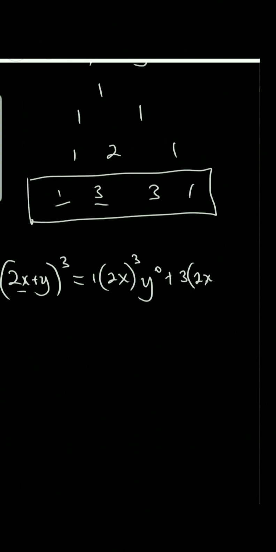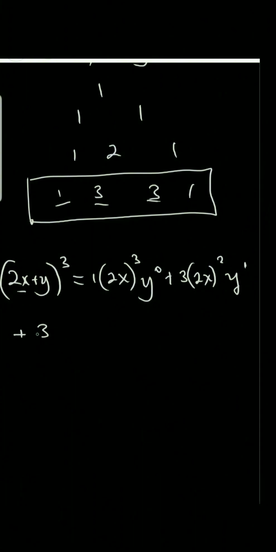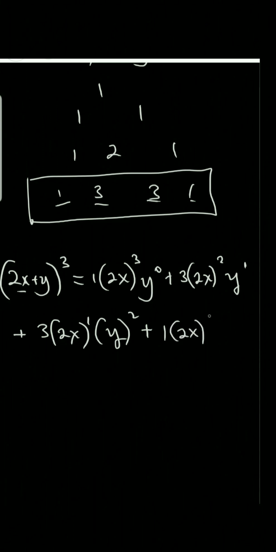Then come to 3, multiply with 2x to the power 2, it is reducing by 1, then y will be to the power 1. Then you add. Then you're going to have 3 multiplied with the first part, 2x to the power of 1, then times y to the power of 2. Then plus the last part, which is 1, times 2x to the power of 0, then times y to the power of 3.